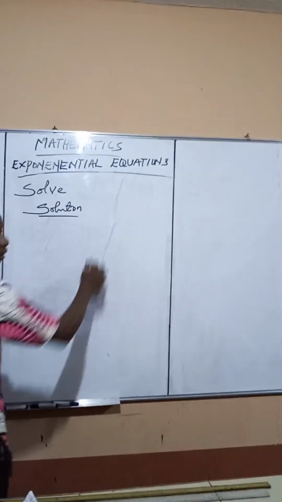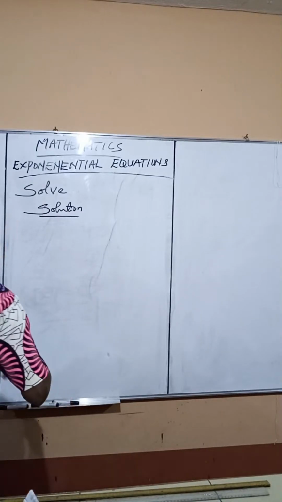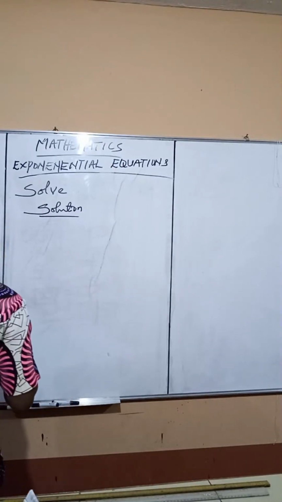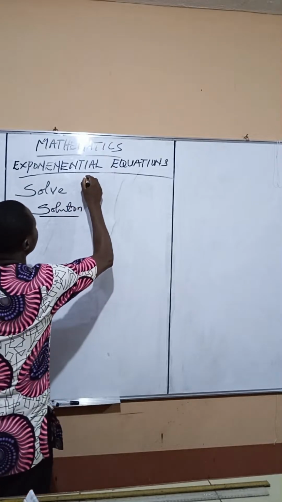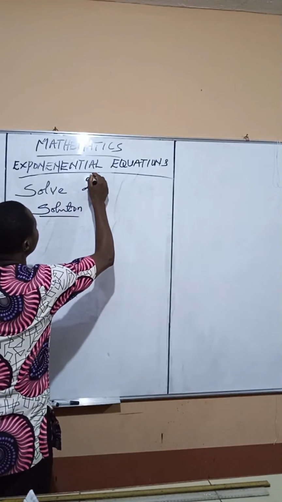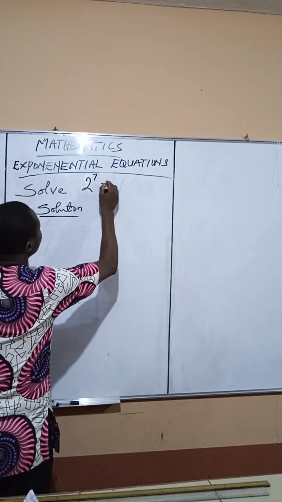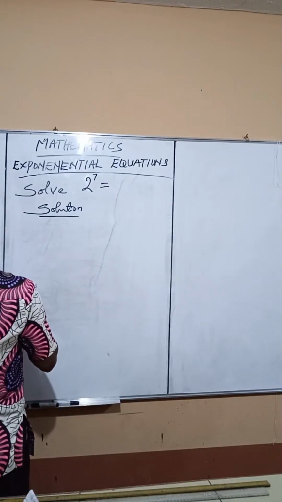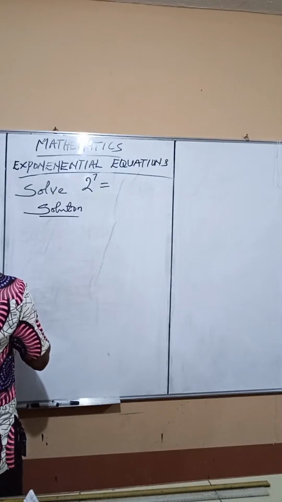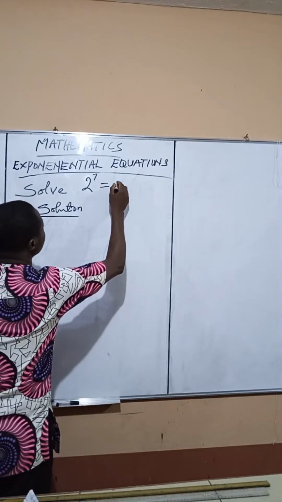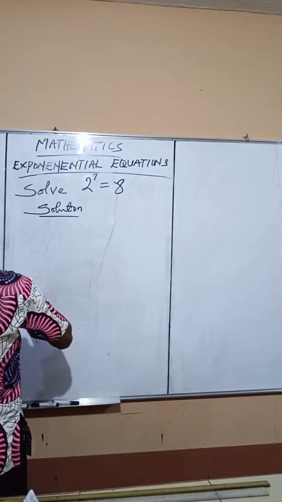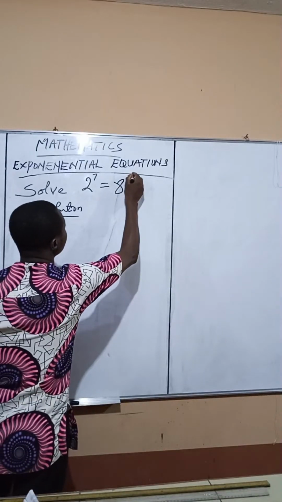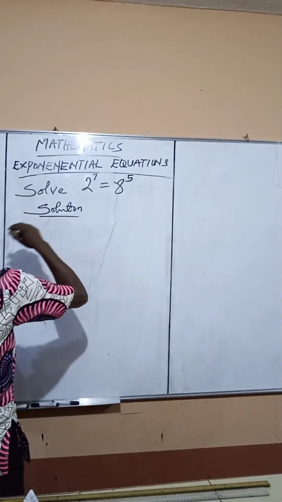So let's quickly look at the next one. The next one is 2 raised to the power 7 equals 8 to the exponent of 5 minus x.